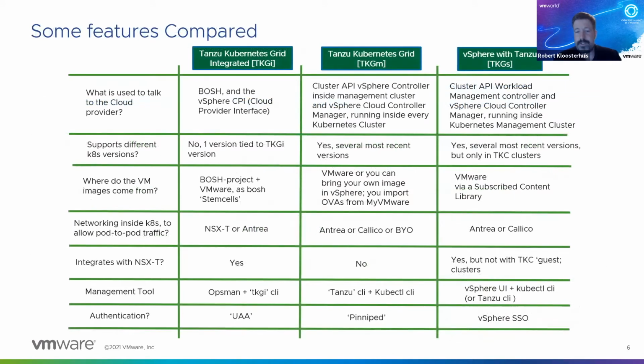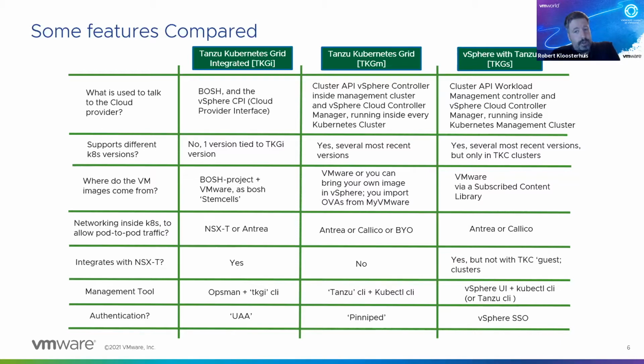Now, I'm not going to go into detail here with everything you see in this particular slide. This slide's here for review because you're going to get the slides afterwards anyway. The point of this slide is to show you that there are some significant differences between these versions. And to give you an idea of where these major differences are, for one, they manage the VMs in different ways.